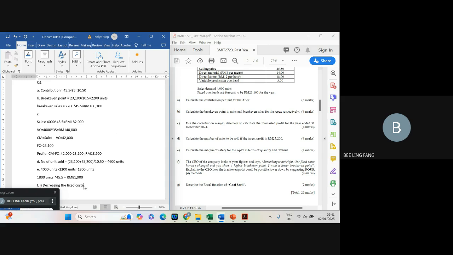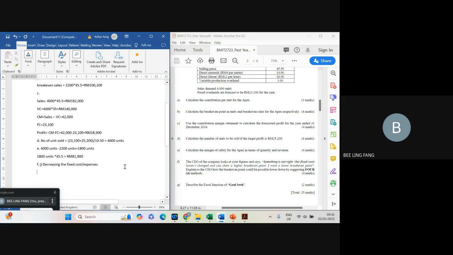Fixed cost means the expenses, the overhead, or whatever you can say, right? This is one method. So secondly, what you can do is reduce the variable costs or expenses per unit.